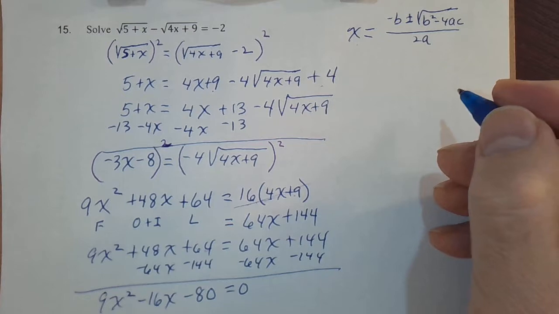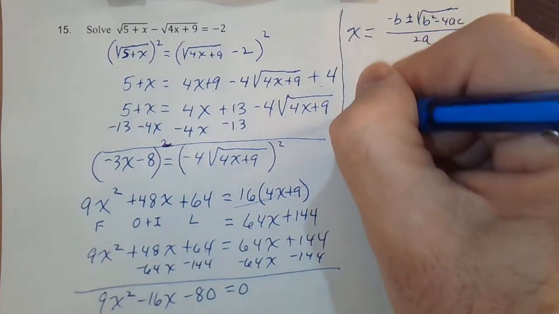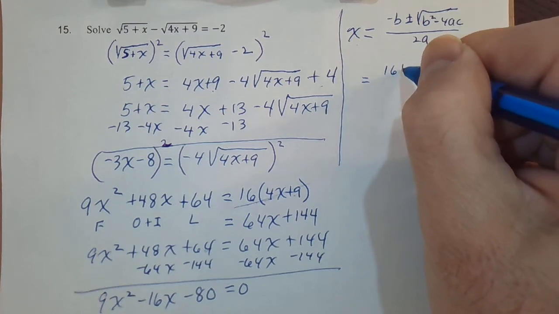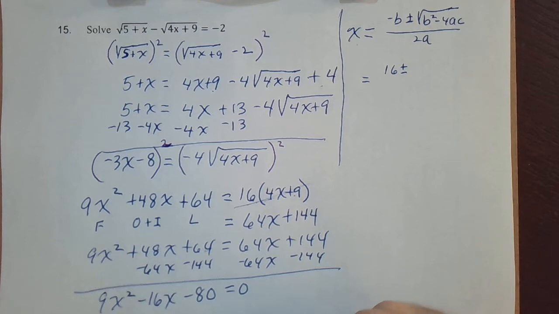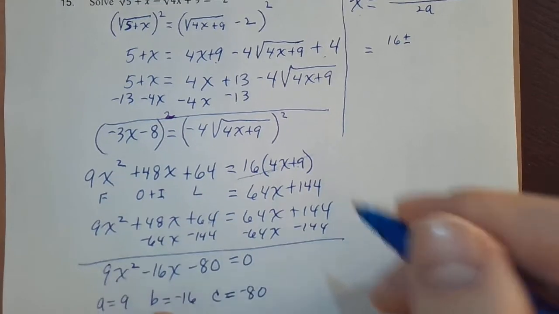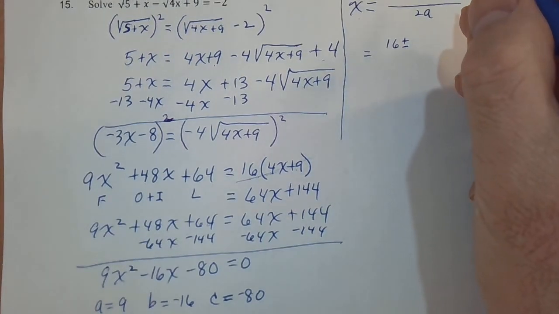So that's going to give us negative b is 16, plus or minus b squared. Negative 16 squared is 256.